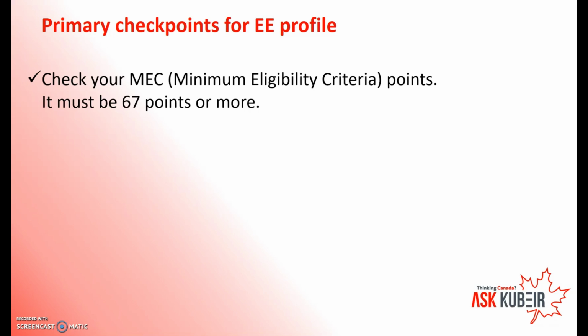First thing you need to do is obviously check if you are eligible based on this grid. There are 6 different selection factors. So please go over to that link and check if you do score 67 points or more. If you don't, then you obviously need to improve on any of those factors to see how you can cross over the 67 points barrier.